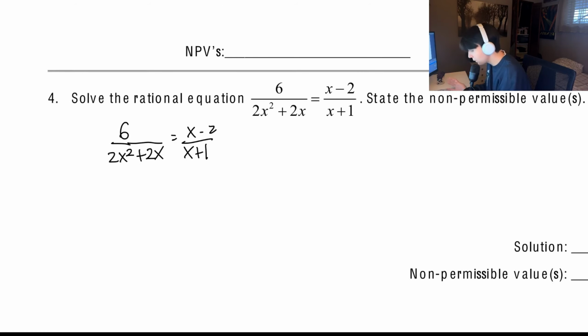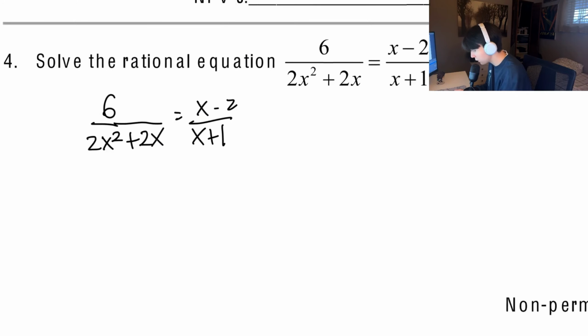So again, what I want to do here is factor first. For 2x squared plus 2x, we can factor out a 2x. So you get 2x(x + 1) as your factored version of this.